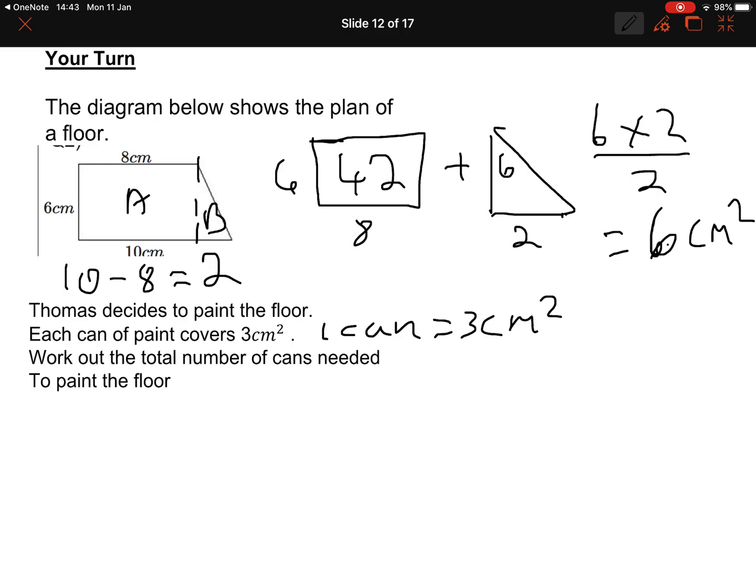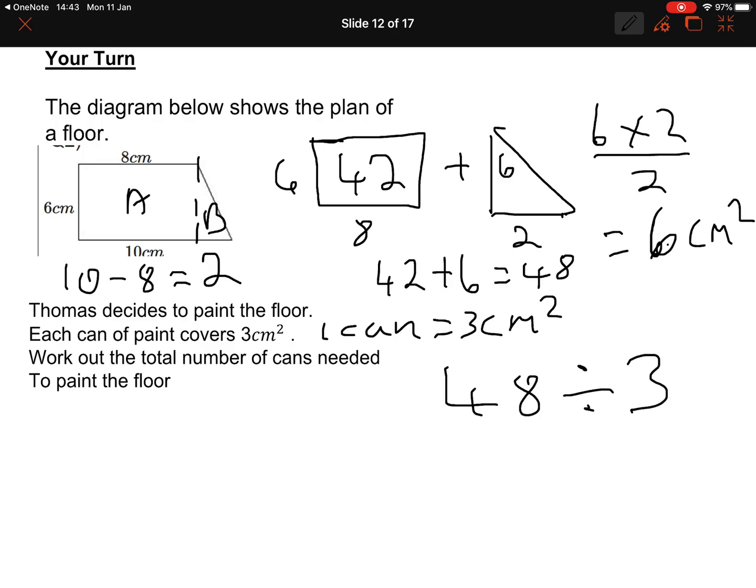So to find my total area, this is easy. I just do 42 plus 6, which is going to give us 48 centimeters squared. So if 1 can covers 3 centimeters squared, to find out how many cans we need to cover 48 centimeters squared, we just do 48 divided by 3.